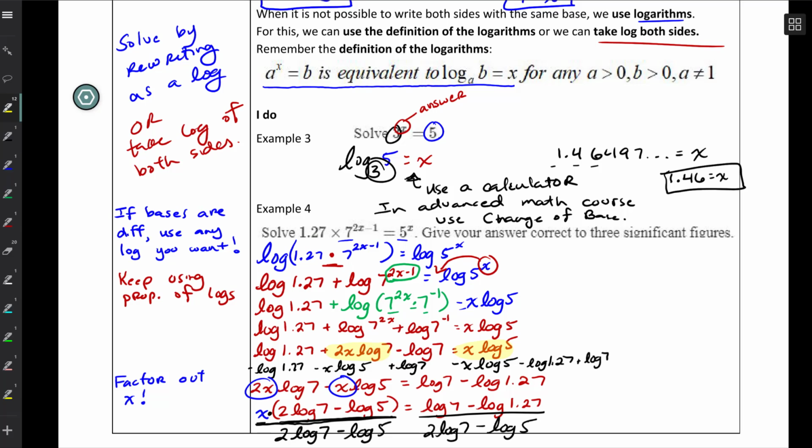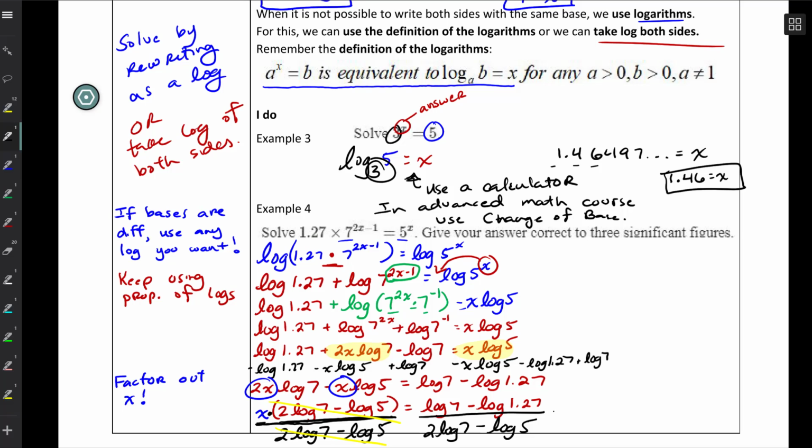And what you want to recognize here is that, oh, look what I just did. That cancels out. Let's try a different color here because that didn't show up very clearly. The 2 log 7 minus log 5 cancels out on the left-hand side. Okay?